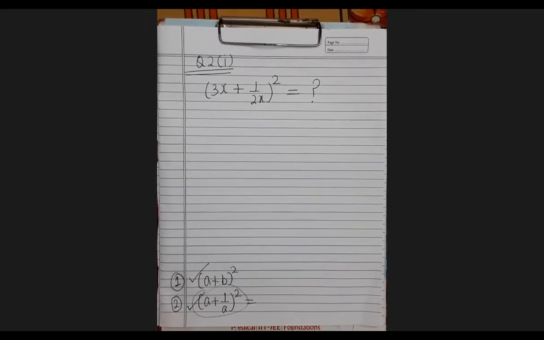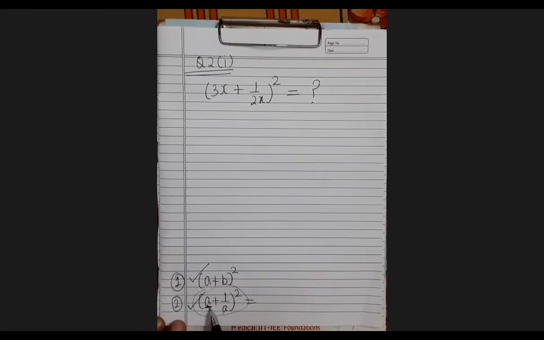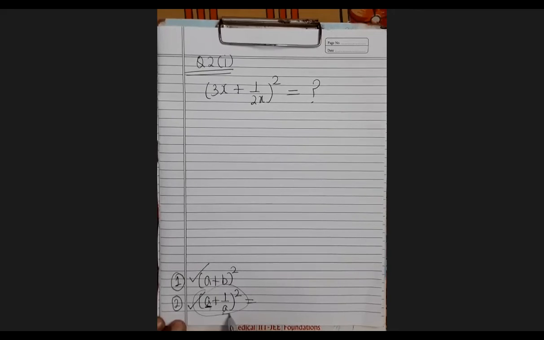Now answer. We will not use the second one. Why will we not use the second one? Because in this formula there should be the same thing in the upon. If here there is A, then here also A. If there is 3x here, then here also it should be 3x.